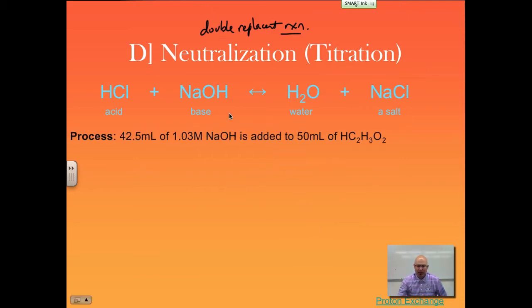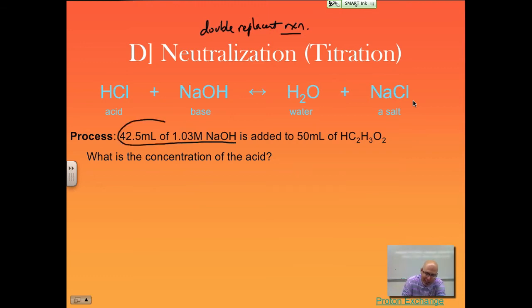Here's a question. Here's the process. Here's what's going on. Notice that if I'm given an amount and a concentration of one of these, in this case a base, notice this is the NaOH, this is our base part, I may be given the amount of the acid but asked for the concentration.